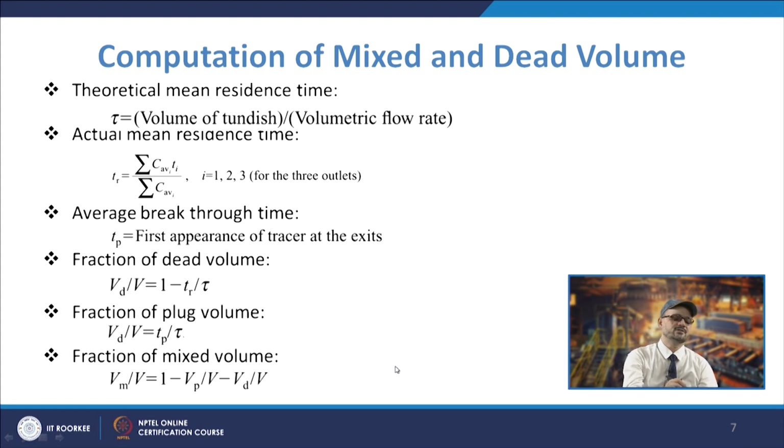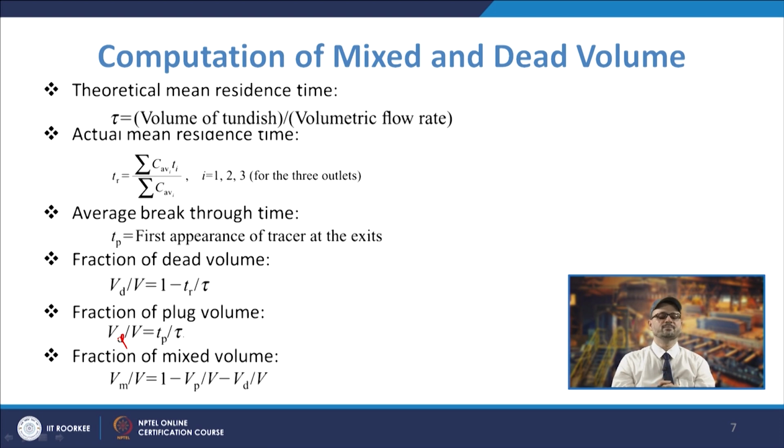So, basically this will be Vp, so Vp by V will be Tp by tau. Now, tau is the theoretical mean residence time. Once you have the theoretical mean residence time defined, and once you calculate the actual mean residence time, the dead volume will be computed as 1 minus Tr by tau.